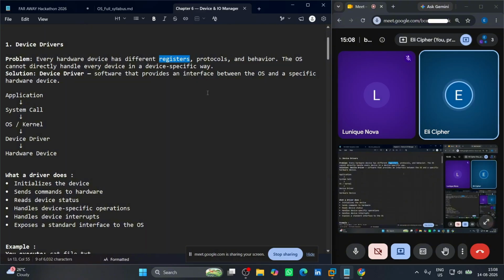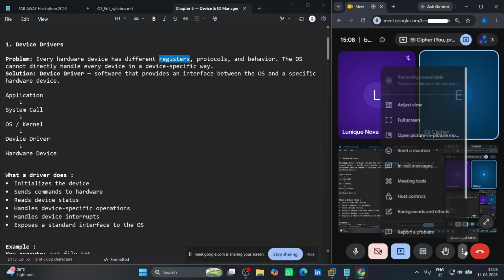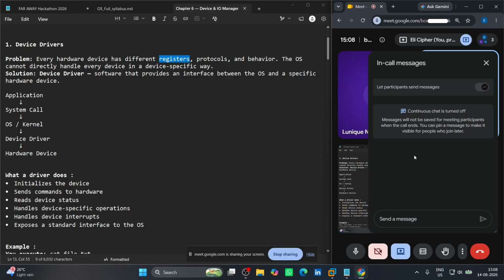We have already studied that, right? Are you writing right now? Please try to answer it.